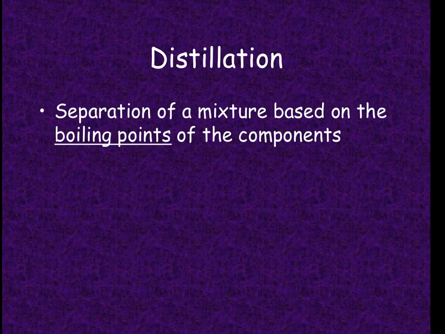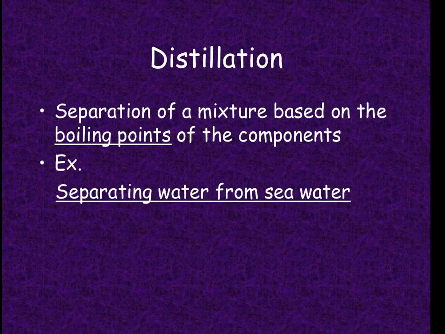Distillation is when we separate a mixture based on the boiling points of the components. As we said when we talked about physical properties, boiling points are different from substance to substance. So if I have a mixture of liquids, I can separate them based on their boiling points. So for example, I can separate pure water from seawater or salt water.